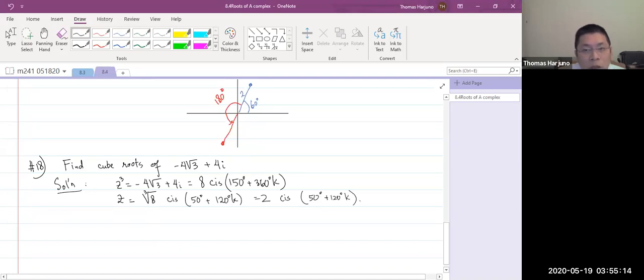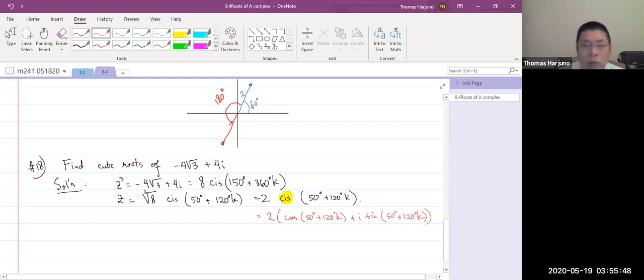I hope you see the reason why I wanted you to write it in cis, because if you don't save your space using this, there will be a very long statement here. You would need to write 2 cosine(50 degrees plus 120 degrees k) plus i sine(50 degrees plus 120 degrees k).